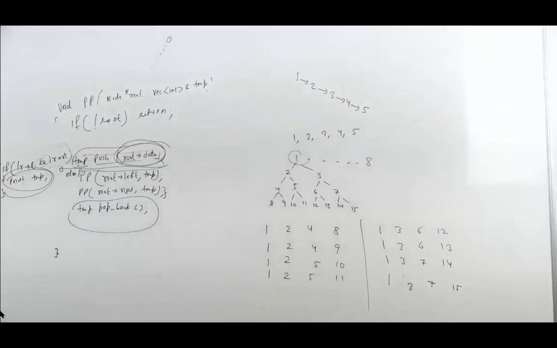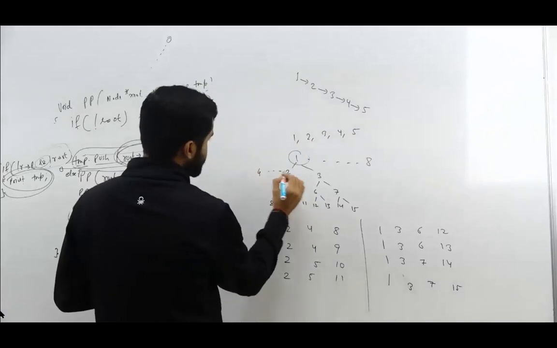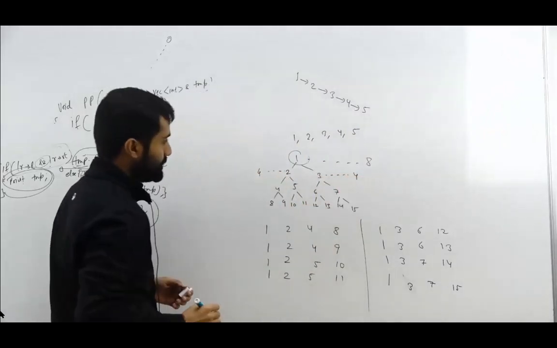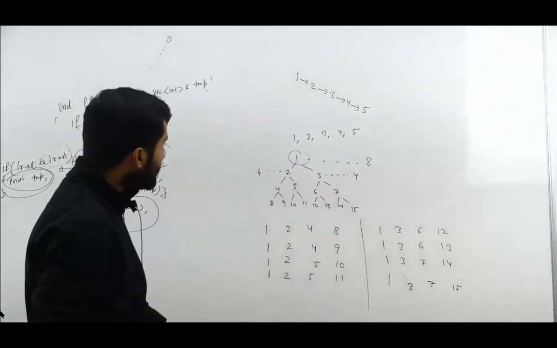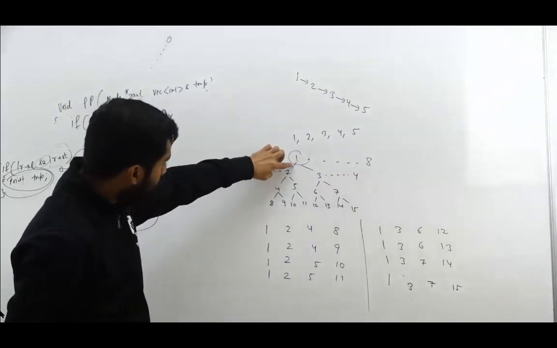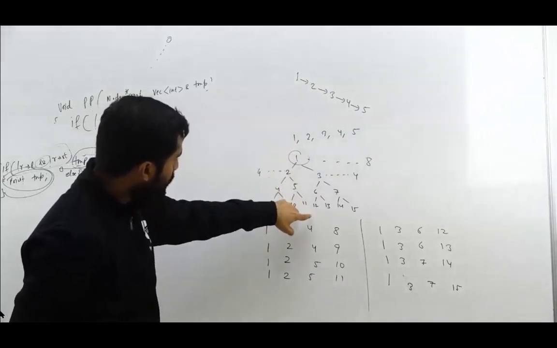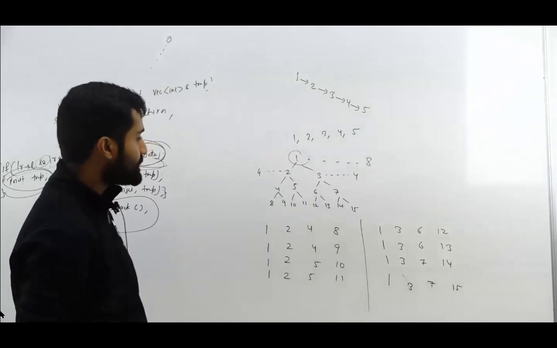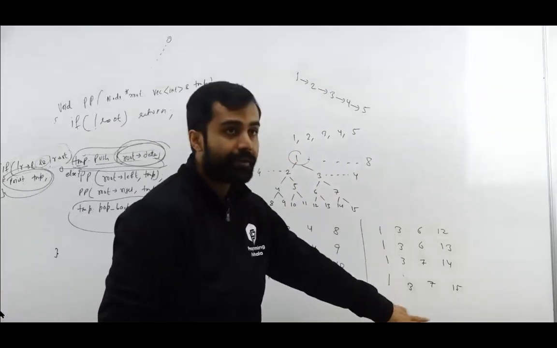How many times 3? 2 got printed 4 times, and 3 also got printed 4 times. There is a very strong reason why: how many paths cross this 2? 4 paths. Similarly, there are 4 paths that cross this 3. So 2 has been printed 4 times, and 3 has been printed 4 times.